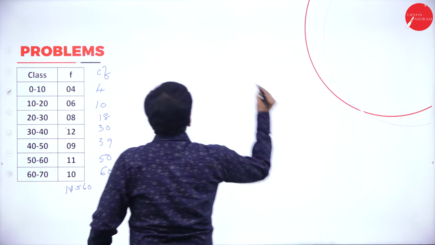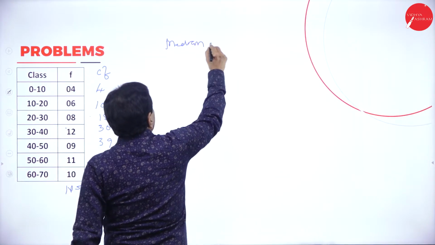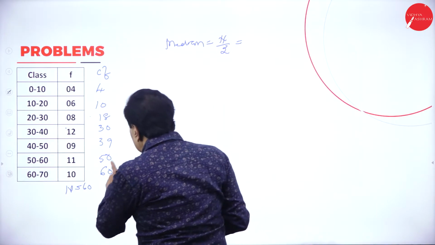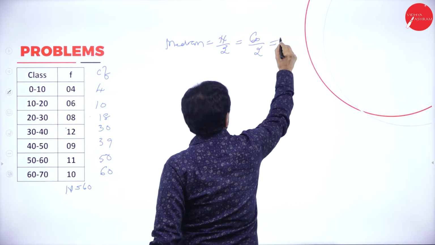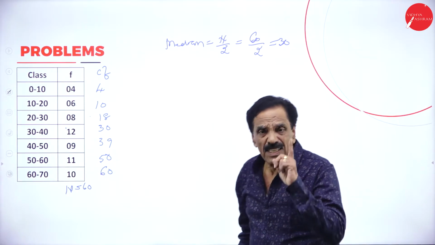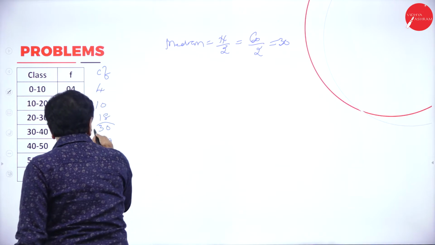Apply the formula. Median is equal to n by 2. What's your n? 60 by 2. That's equal to 30. Find 30 in CF. Where exactly you have got 30.